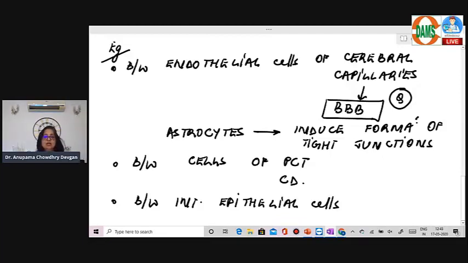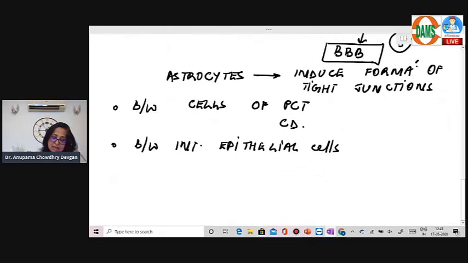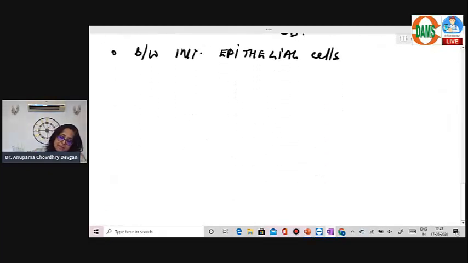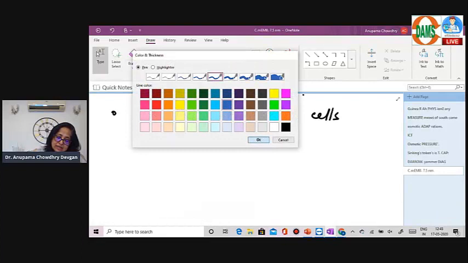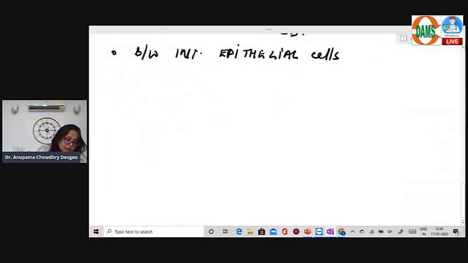So these are your tight junctions. These are the areas where you see them. Now let us take the example of intestinal epithelial cells and see what happens.